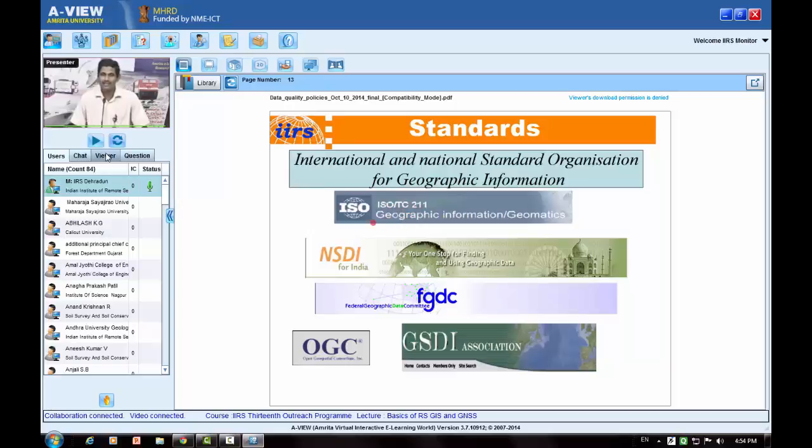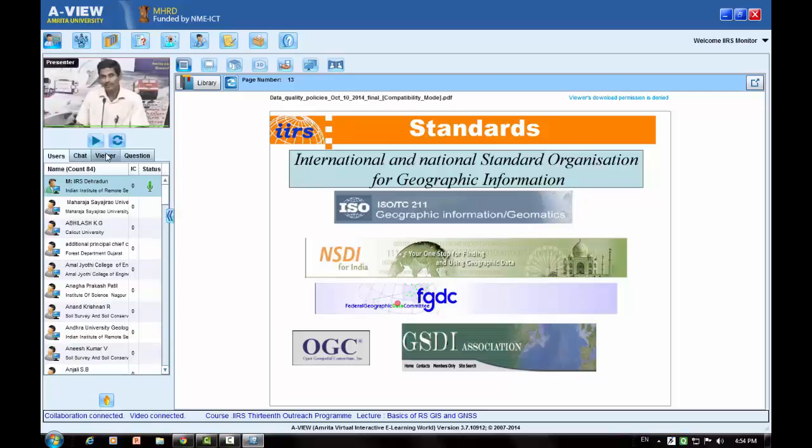Then there are other organizations also. In the USA, they have their own standards. That is the FGDC, Federal Geographic Data Committee, and they developed the standards. They call it NSDI, National Spatial Data Infrastructure. These spatial data infrastructures talk about the availability of data at country level, regional level, and world level.